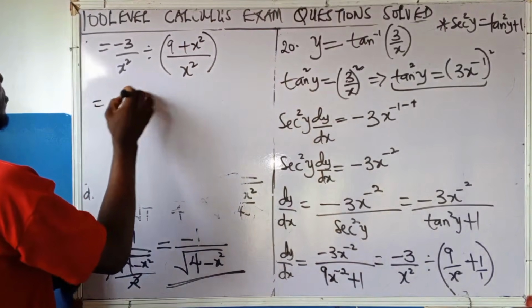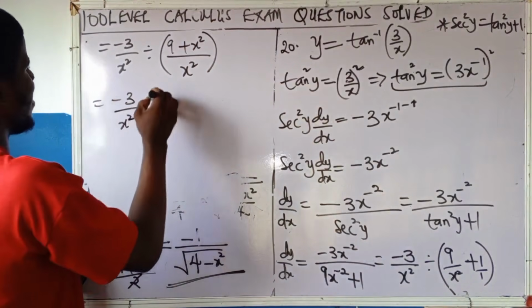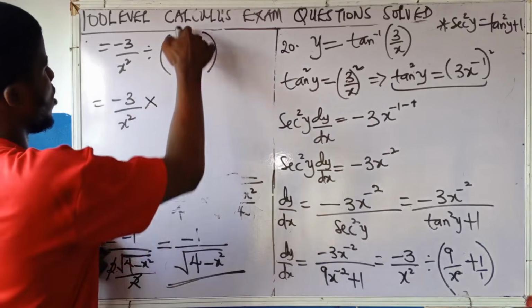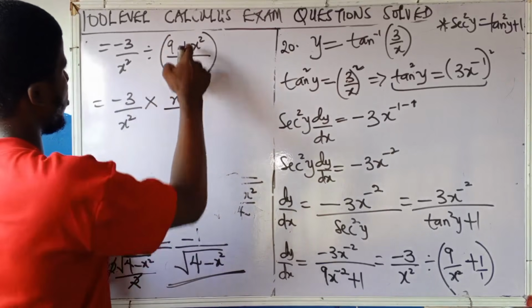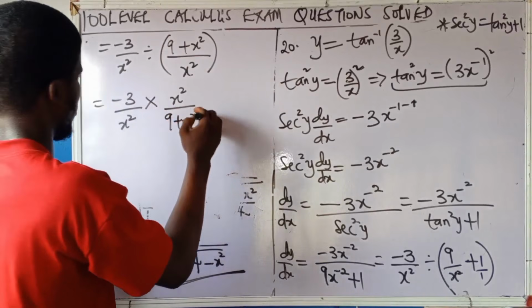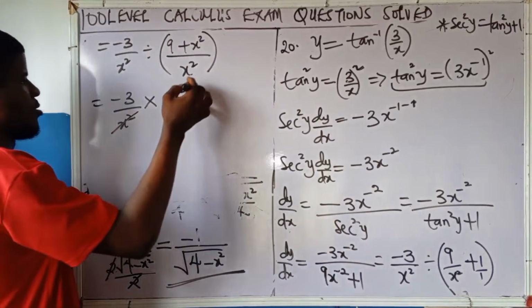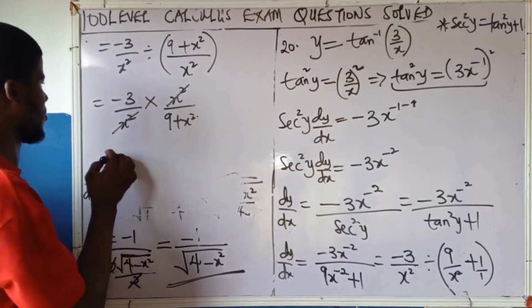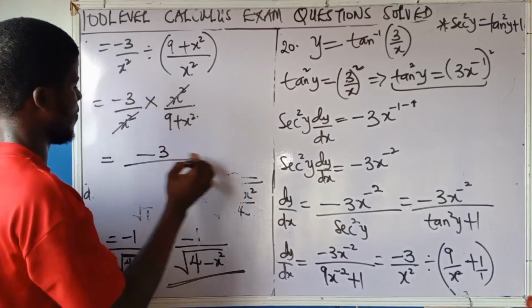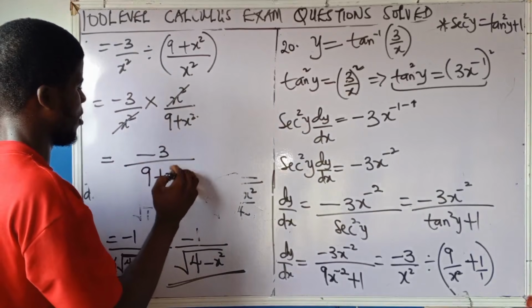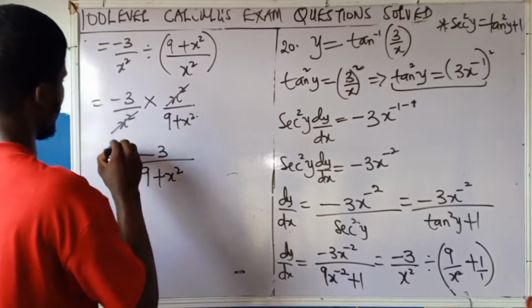So minus 3 over x squared times the x squared goes up, this one comes down, 9 plus x squared. This one cancels this. What's left? Minus 3 divided by 9 plus x squared. And this is 100% perfect.